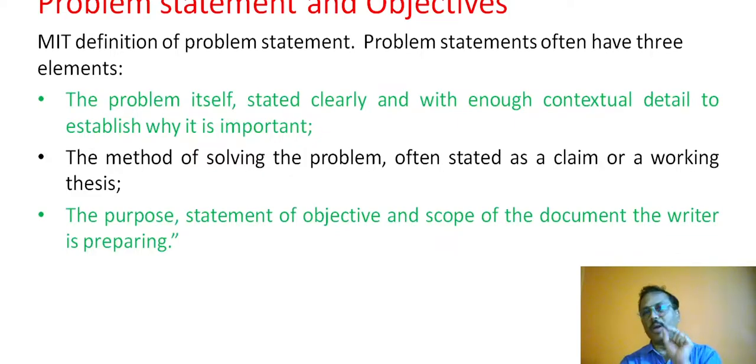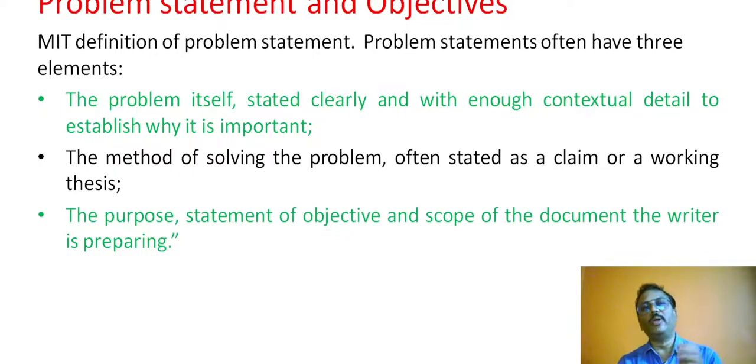Problem statement is what you are doing. Objectives are how you are doing, how the work you have done will fulfill the goal. That is, how eventually fulfilling the objectives will result in solving the problem. What is the problem statement? How you are doing it is objectives.